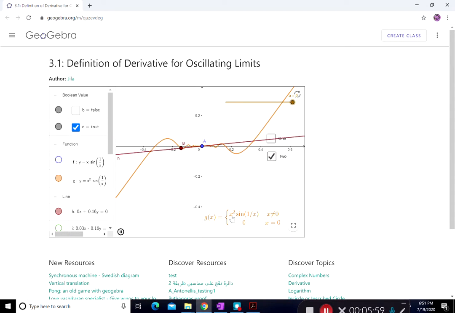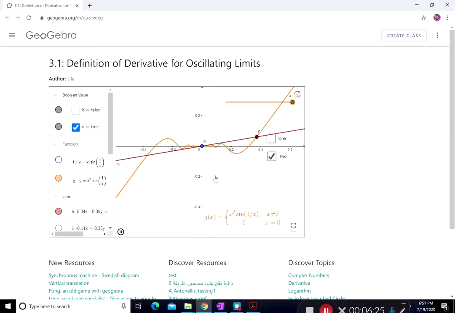When you have g of x equal to x squared sine of 1 over x for x not 0, and 0 when x is 0, you see the oscillation, and now it's going that way, it's coming back, and so the oscillation calms down as the other point on the secant line gets closer and closer to the point 0, 0.